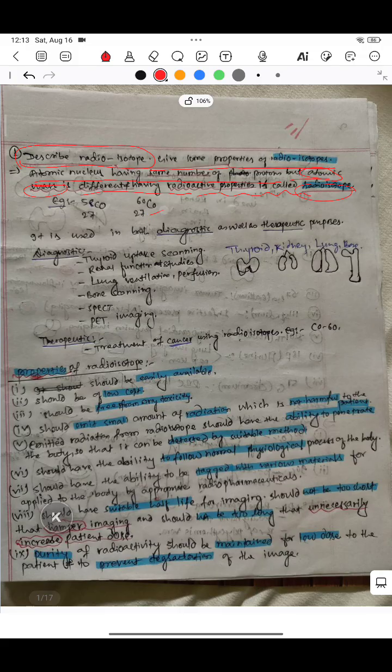For example, cobalt has atomic number 27, whereas the atomic mass is 60 and 58.